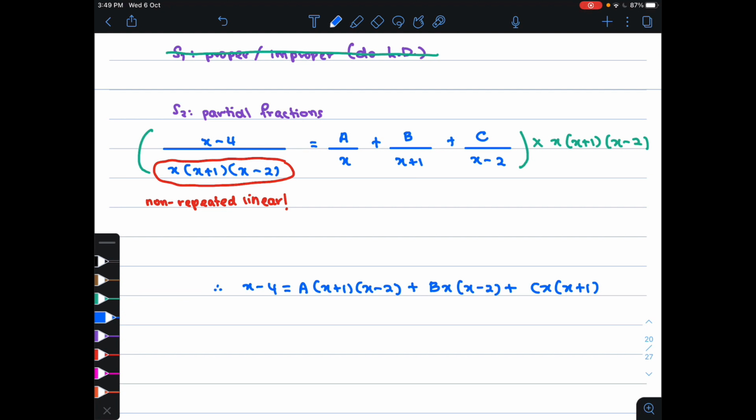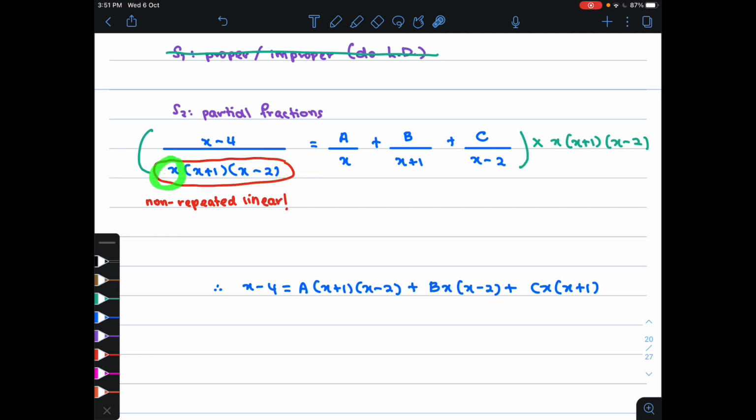Now we need to do substitution. Note that we have three unknowns, which are A, B, and C. Therefore, we need three values of x. It is compulsory for you to use the values of x that come from your denominator. Just imagine each factor is equal to 0.